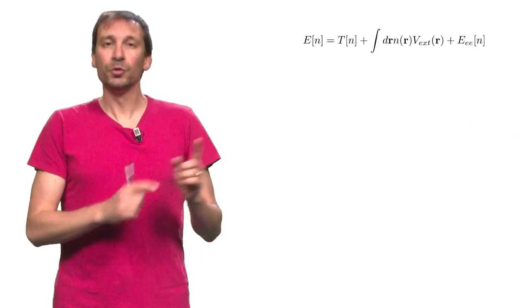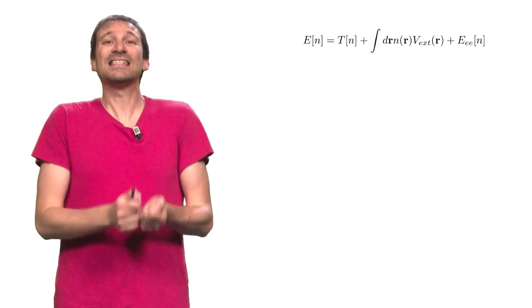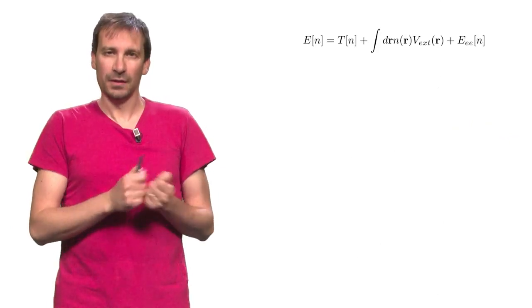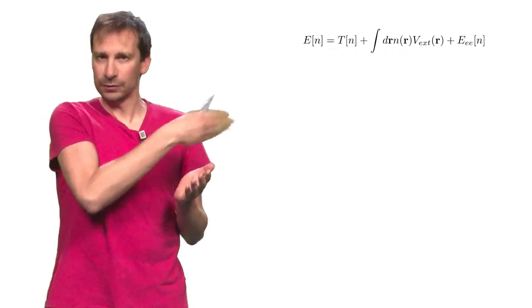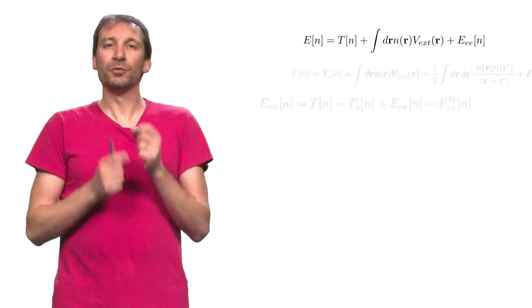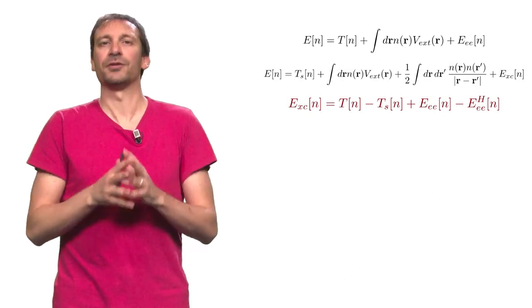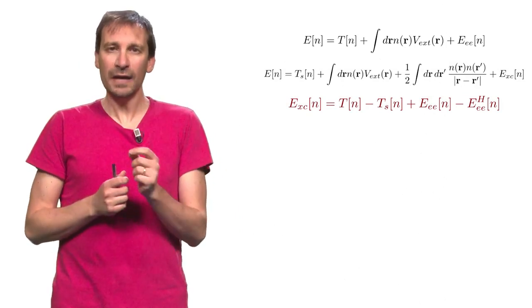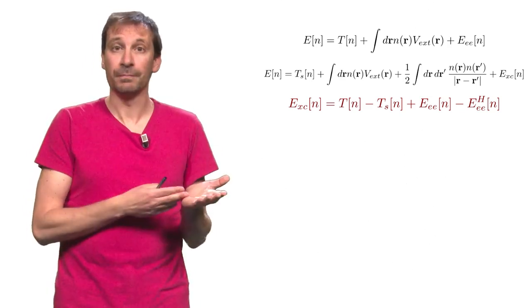We managed to rewrite the total energy functional in such a way that instead of having to approximate two complicated functionals, like here T and E electron-electron, we can try to focus on a smaller quantity, the exchange and correlation energy. We managed to do that by taking inspiration from old approaches, like Hartree.